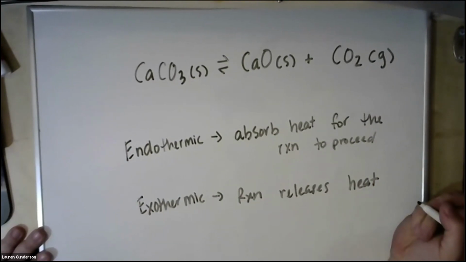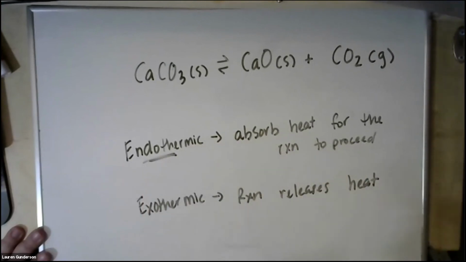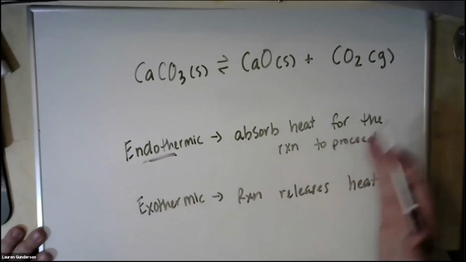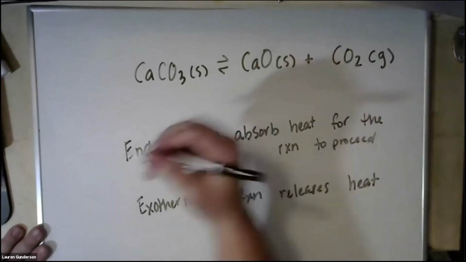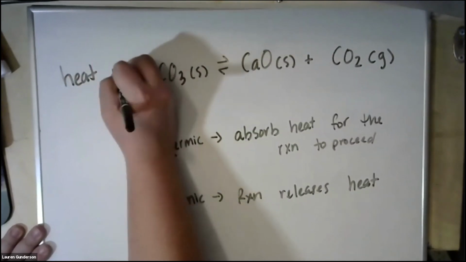So they're telling us that this reaction is endothermic. That means that for this reaction to happen, it has to absorb heat before products can be made. That means that we can consider heat as one of our reactants.